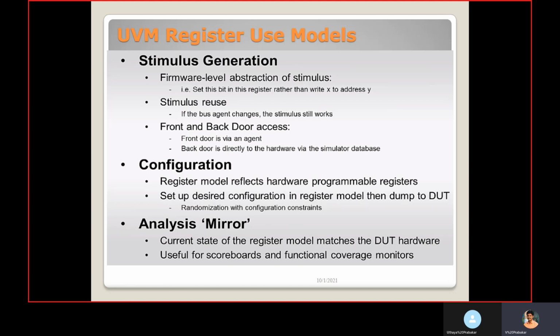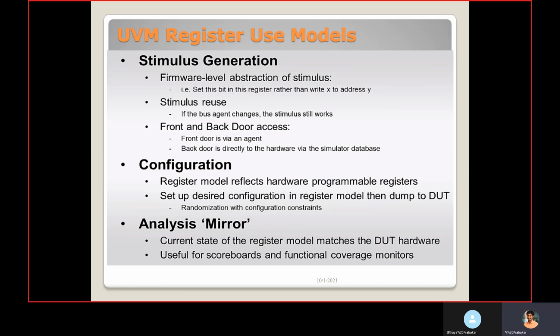Then we pass the corresponding values to the DUT. There will be a component called predictor. That predictor will collect the corresponding value from the monitor and send it to the register model or register database. That is called the mirror value.